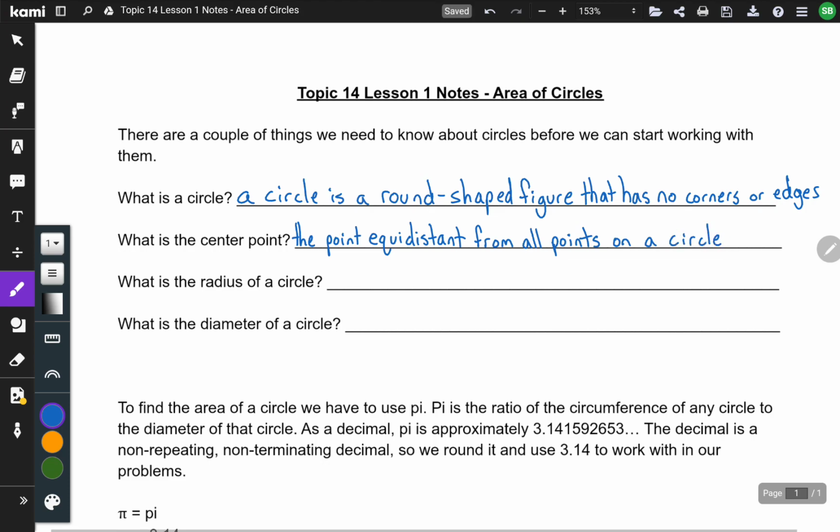I'm a math teacher, right? So the center point is the point equidistant from all points on a circle. So when you think about the shape of the circle, it's the very, very center.